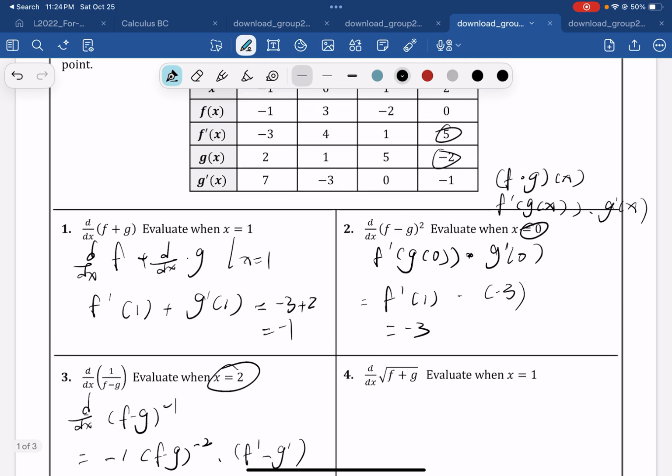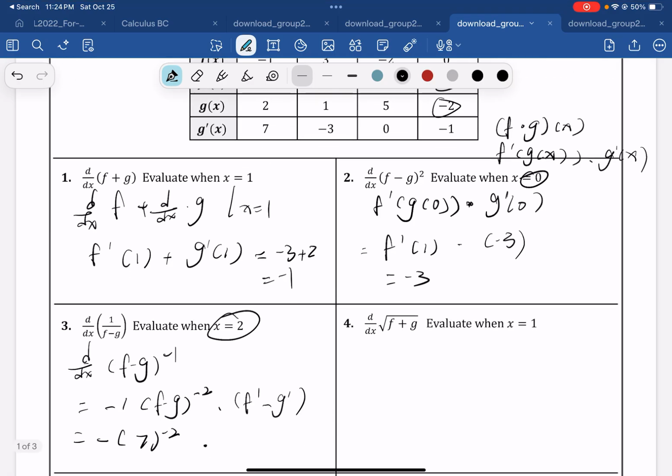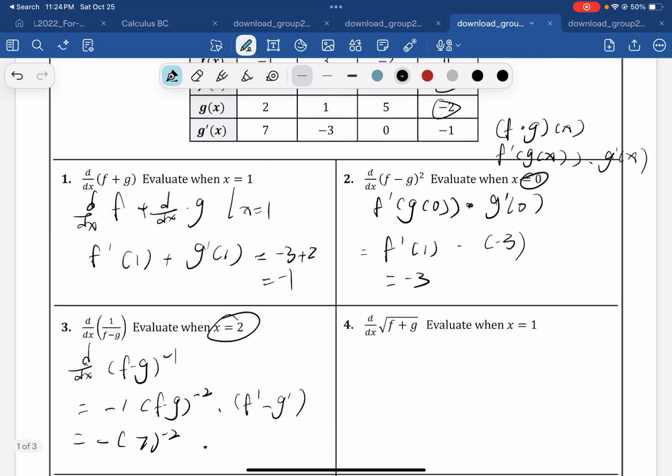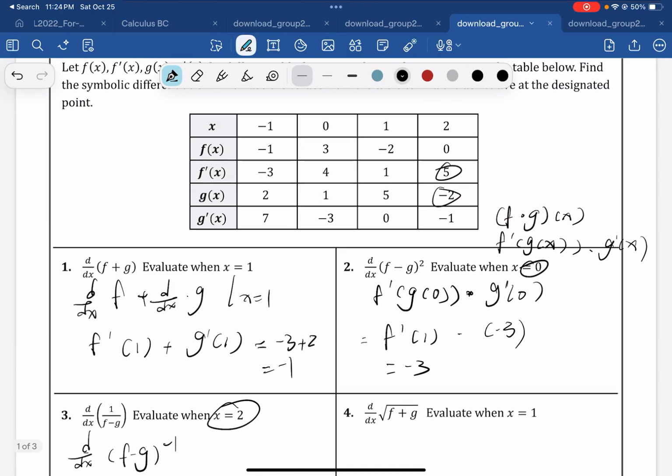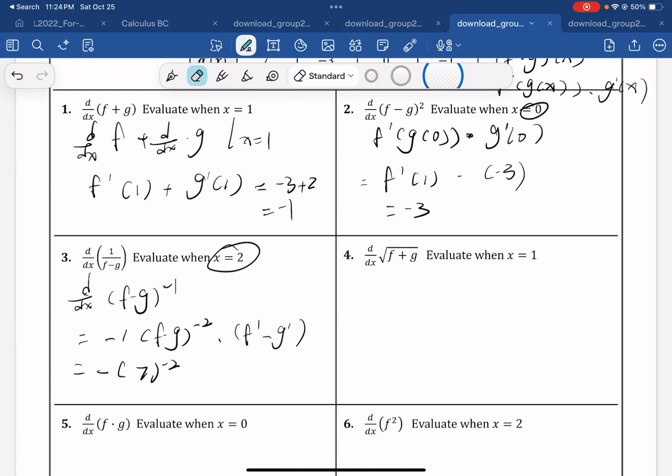F prime of 2, it's 0. I mean, f prime of 2, it's 5. Oh, f of 2. Sorry, guys. F of 2 is 0.